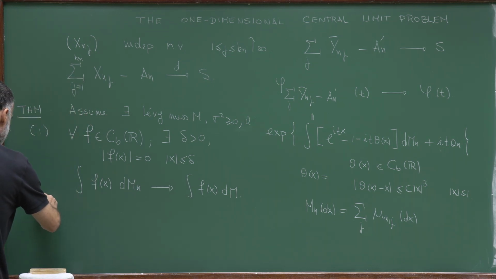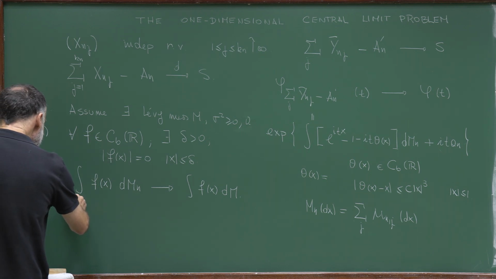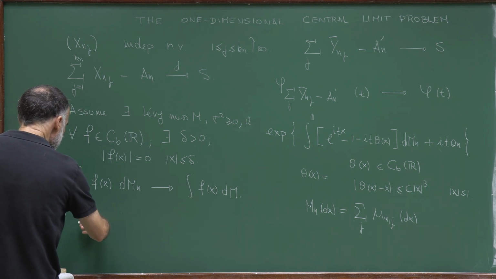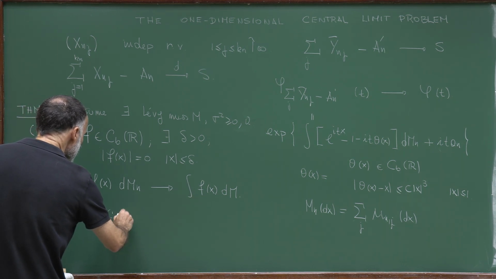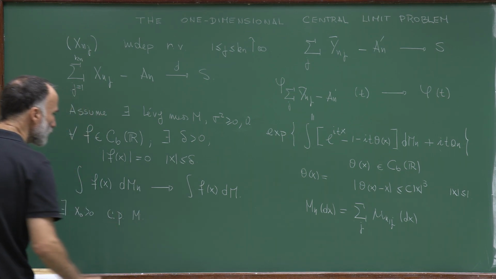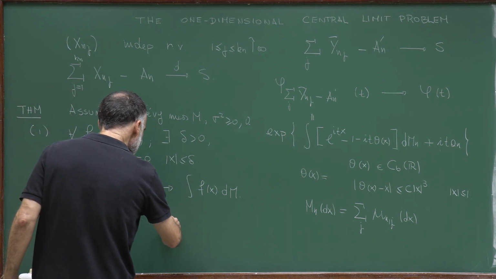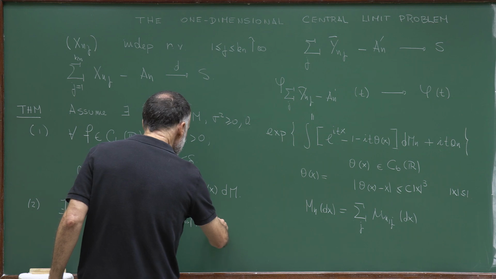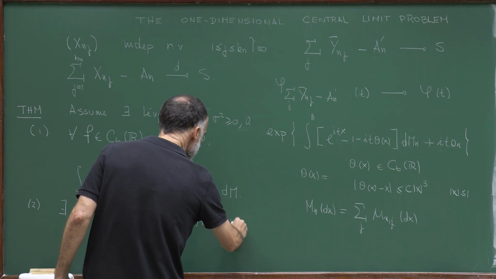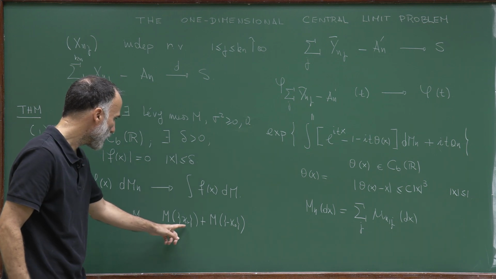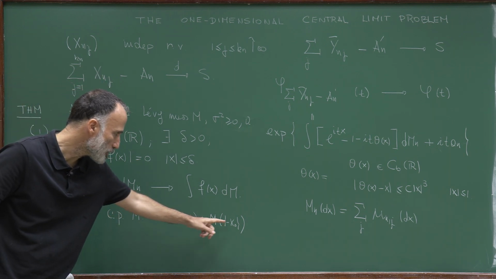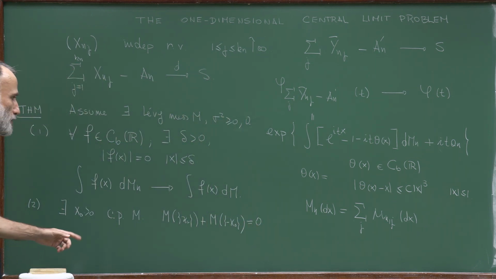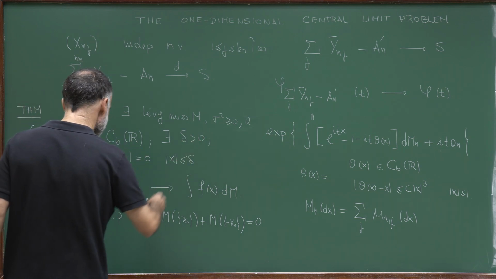The second condition says that there exists x_0 positive which is a continuity point of M, the Levy measure M. This means that the measure of the point x_0 plus the measure of the point minus x_0, so here we require x_0 to be a continuity point, but also minus x_0 to be a continuity point. So assume that the measure of these two points is equal to 0 for the limiting measure.